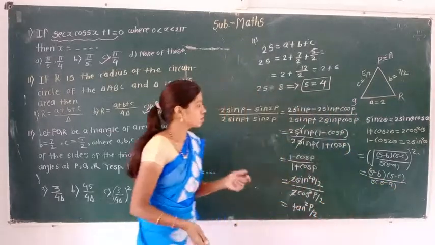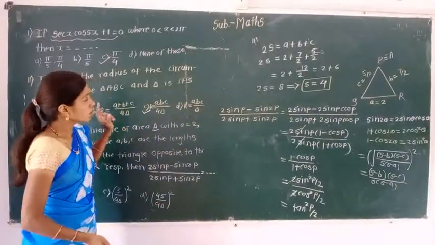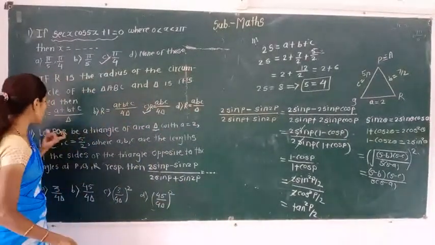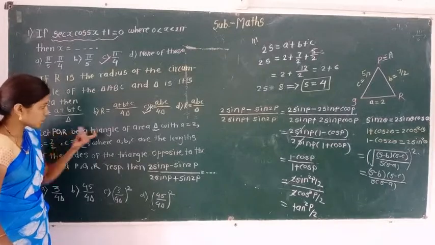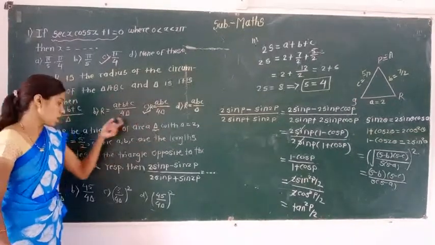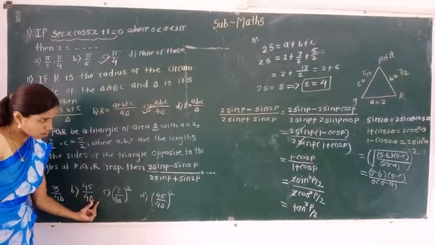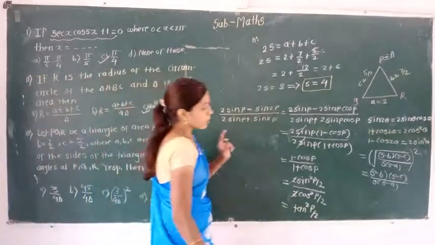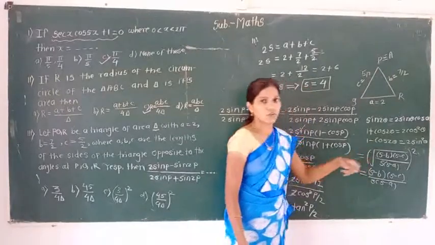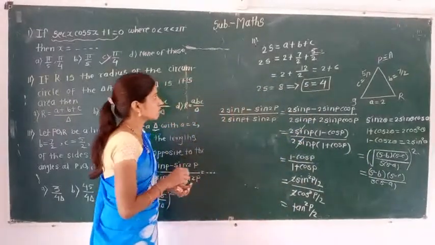But see, here we have to give the area of triangle PQR as delta, and all options are represented in terms of delta. So we have to transform this term in terms of the area of the triangle.